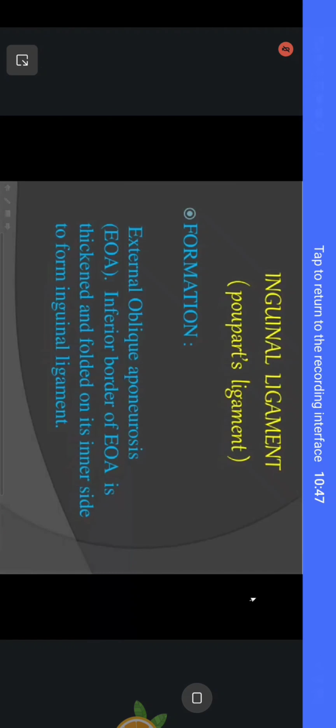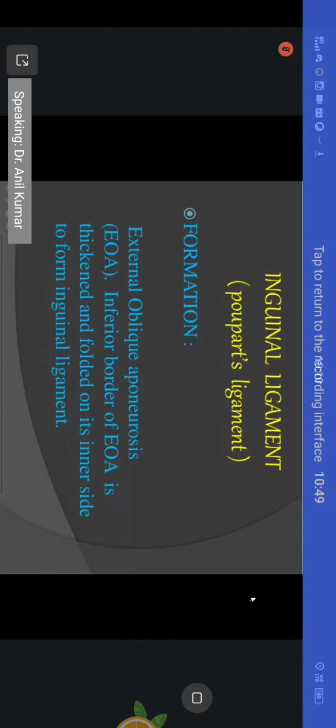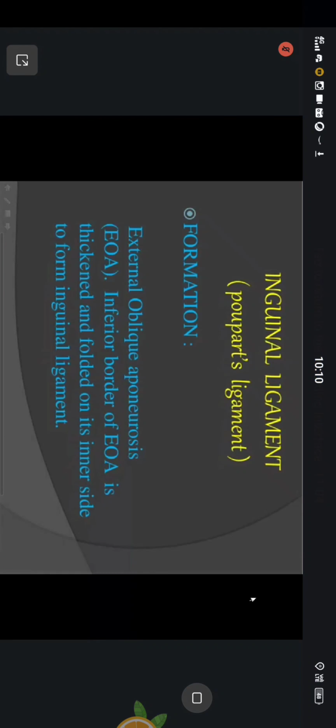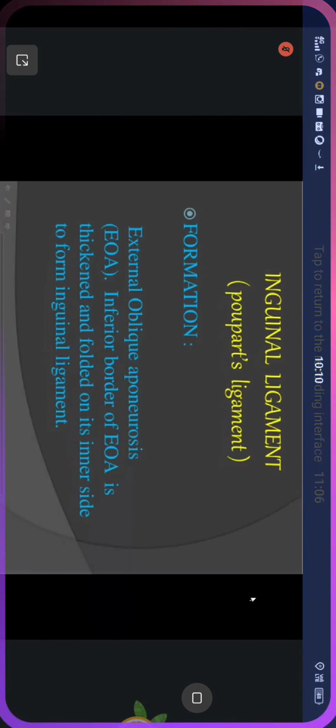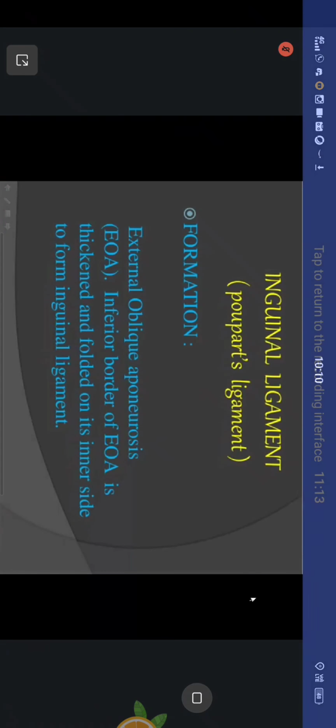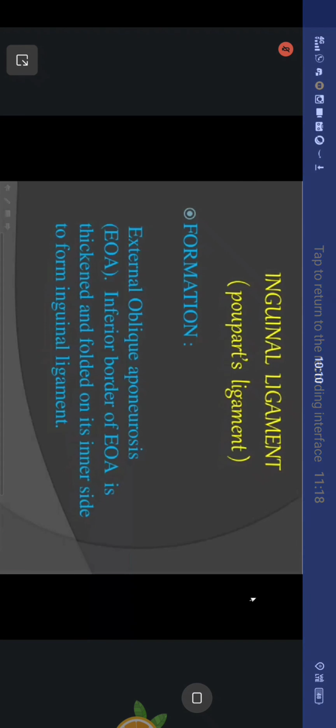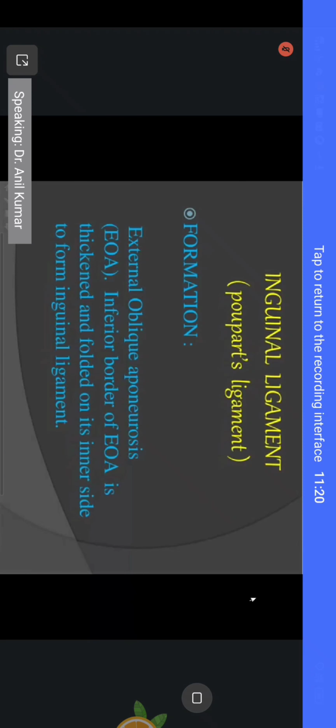We'll see how it is formed. Regarding the formation of this inguinal ligament, there is a muscle in the abdomen called the external oblique. In the lower part, it has an aponeurosis. That means the external oblique muscle in the lower part has an aponeurosis. Now, the inferior border of this external oblique aponeurosis is thickened and folded on its inner side to form this inguinal ligament.